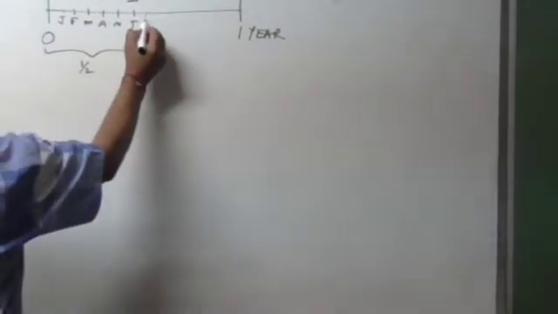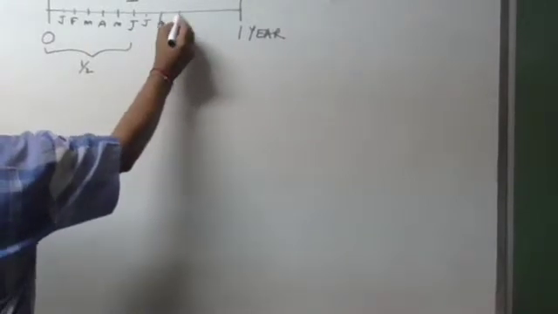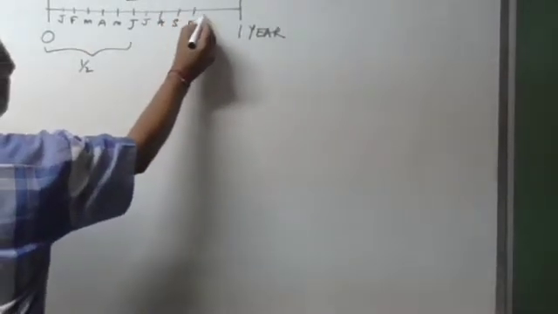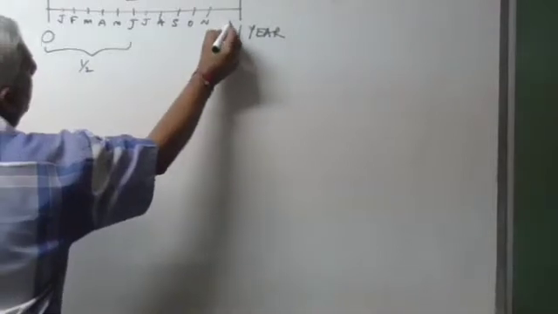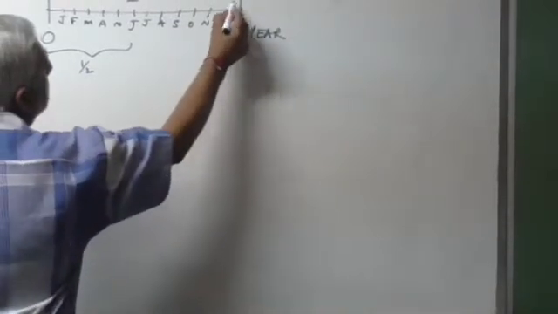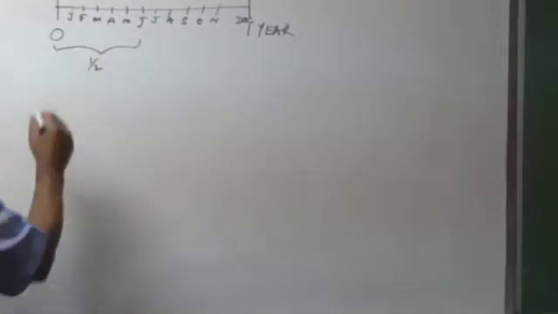So here you have July, August, September, October, November, and there's December. You'll get interest.